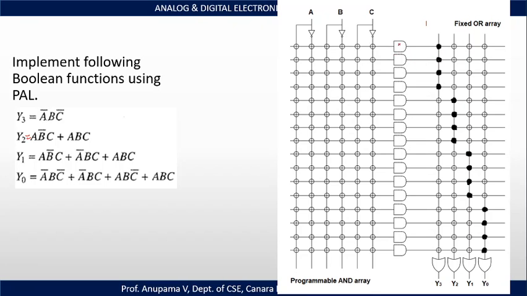So the first 4 AND gates' outputs are the input for OR gate 1.